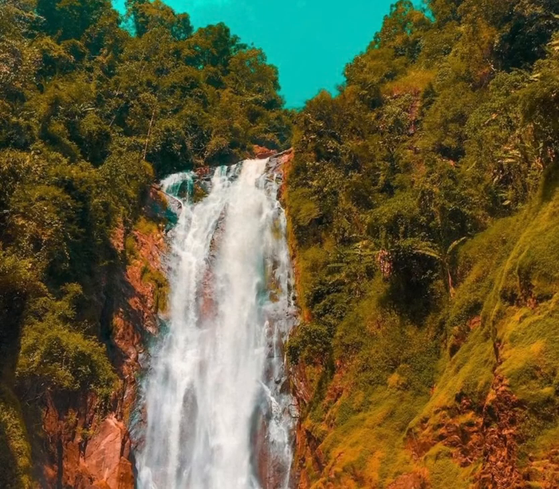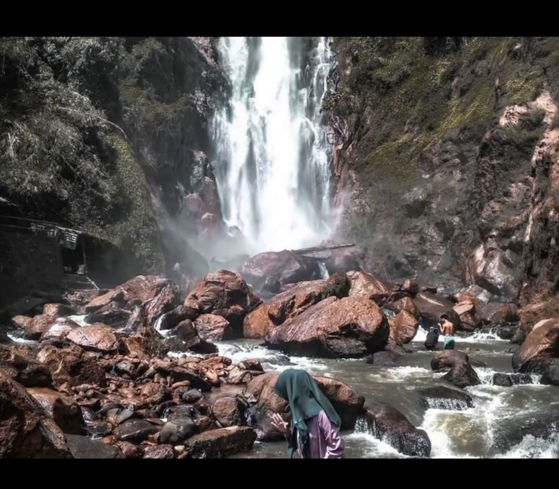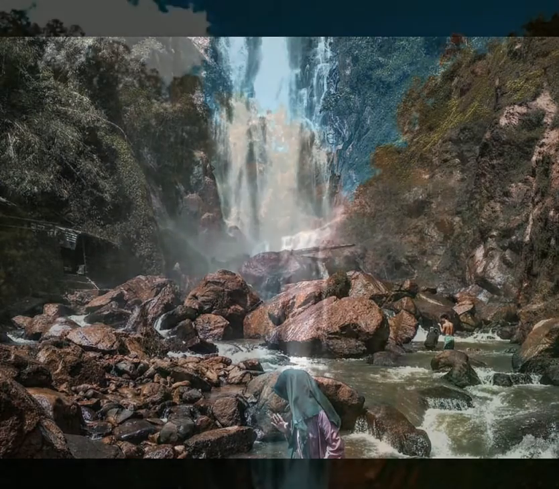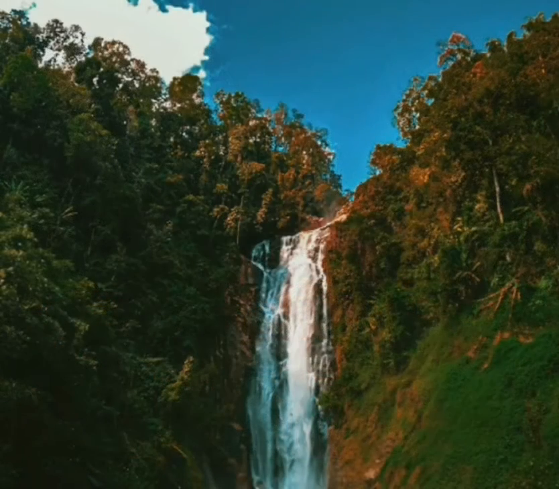This waterfall, with a height of 99 meters, originates from a spring that never dries up in the Bukit Barisan Gap, and descends in a small river that is heavy, rocky, and has very cool air. Curug Tenang Bedagung Waterfall is located in the village of Bedagung, Tanjung Agung District, Muara Enim Regency, South Sumatra Province.